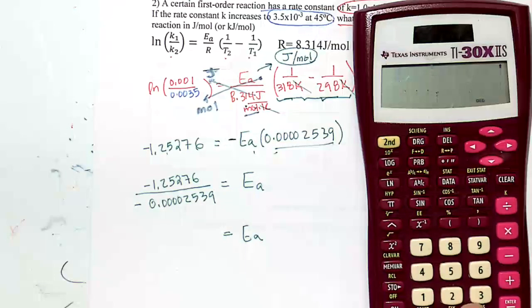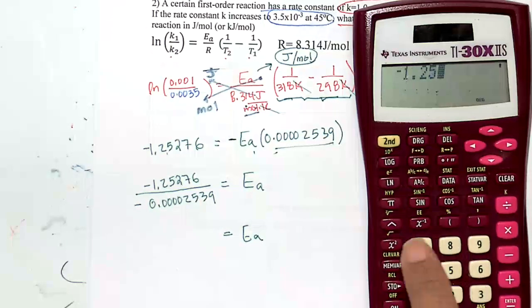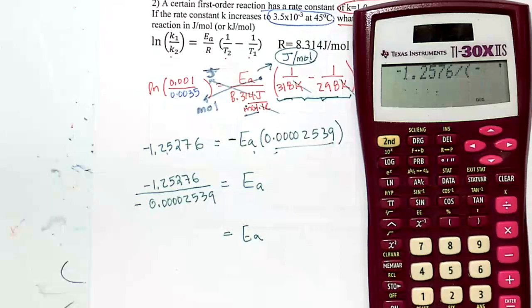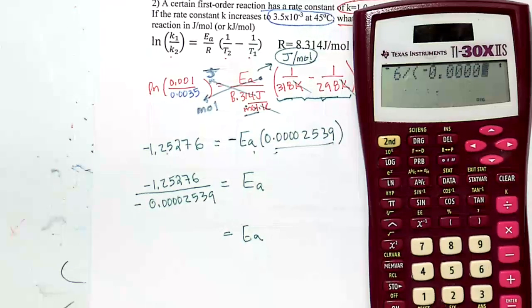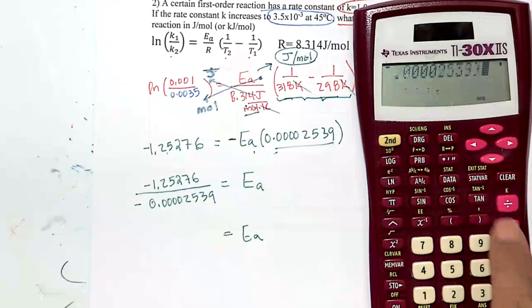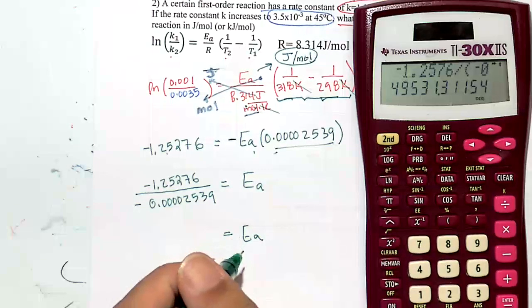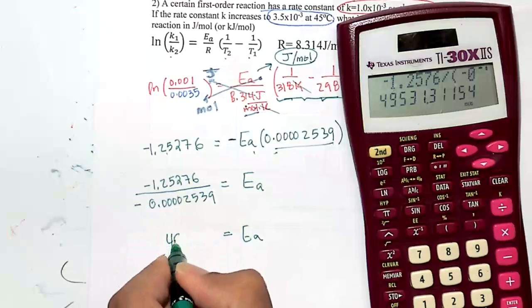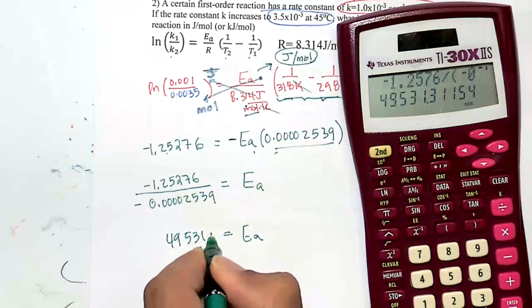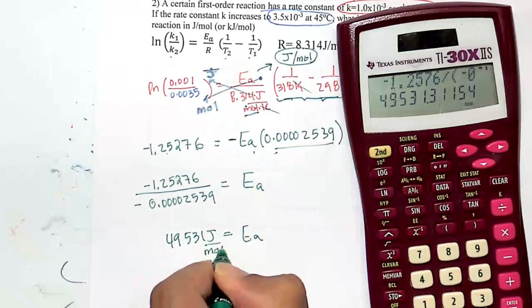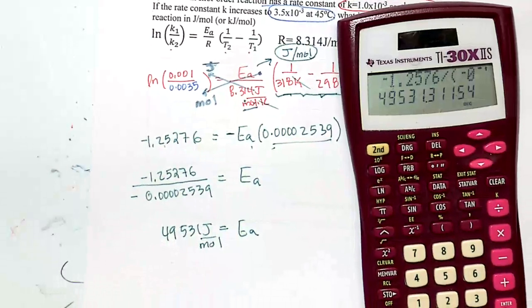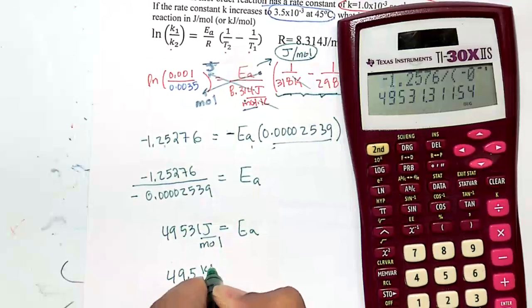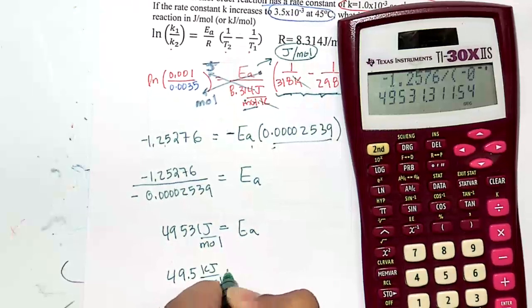And then 49,531. And this is about 49.5 kilojoules per mole.